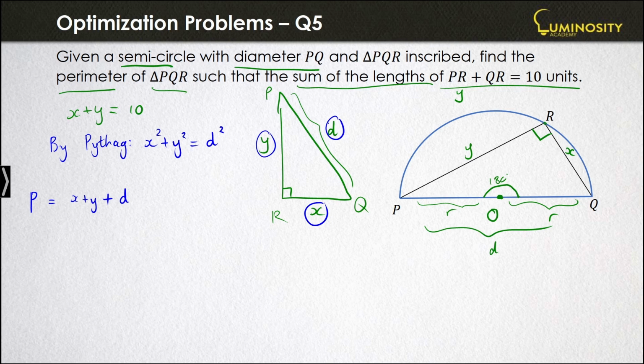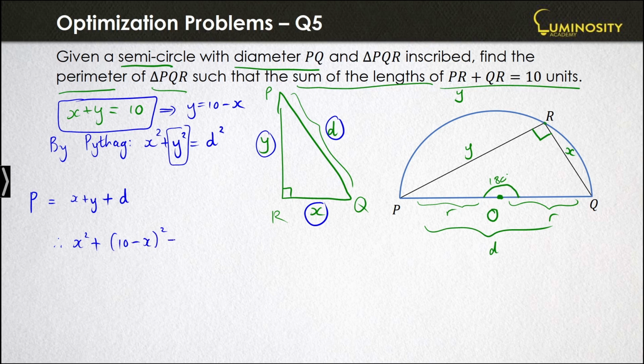Let's check that out. We know that x plus y is 10, so I can write y as 10 minus x. Then I can substitute it in. By Pythagoras, x squared plus (10 minus x) all squared equals the diameter squared.